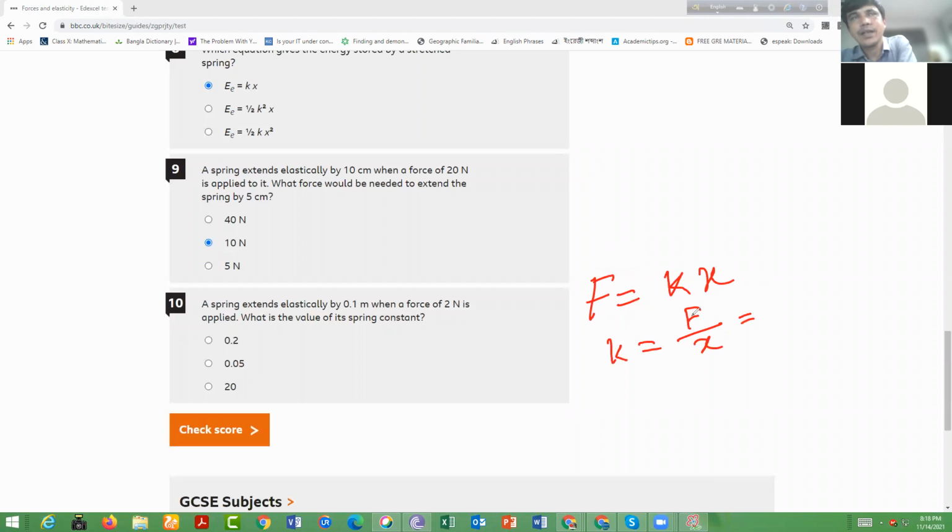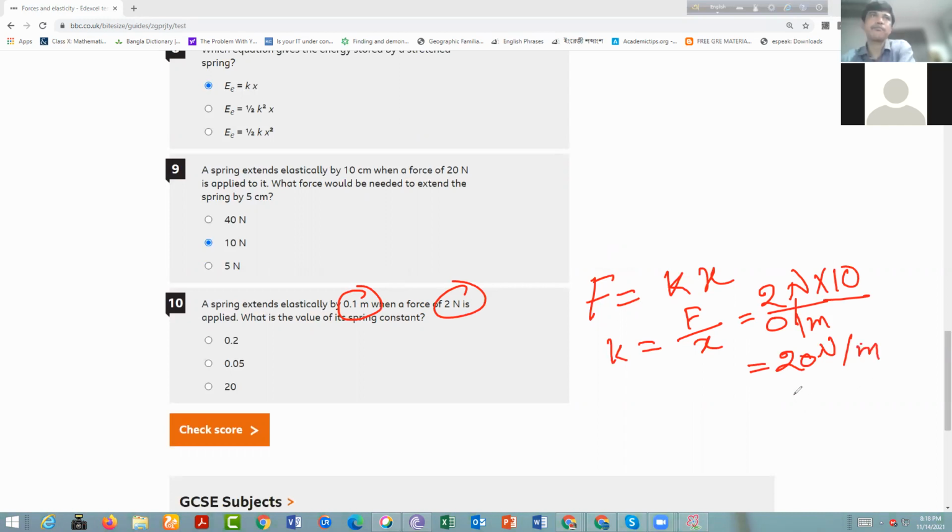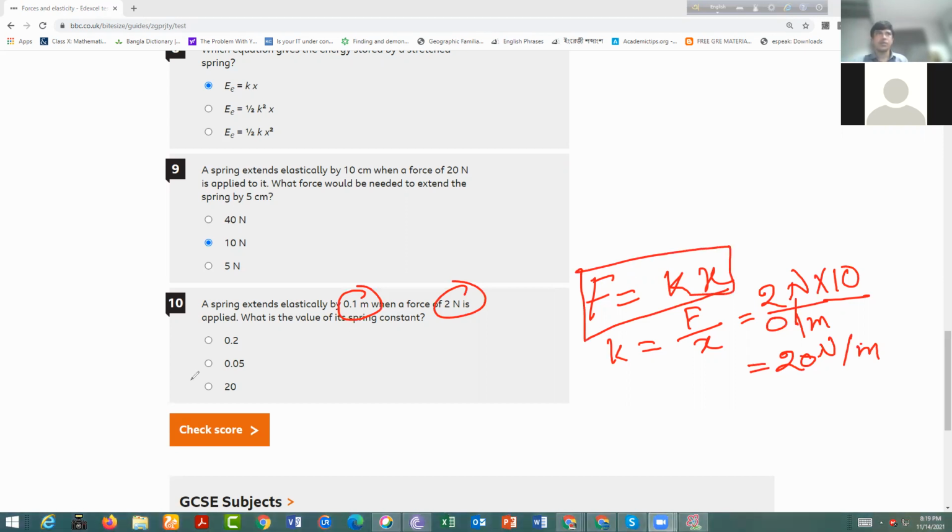F is 2 Newton, and x is 0.1 meter. So we take this dot and put one zero. So what will it be? 20 Newton per meter. You need to understand this formula: if any two are given, the third one you can calculate.